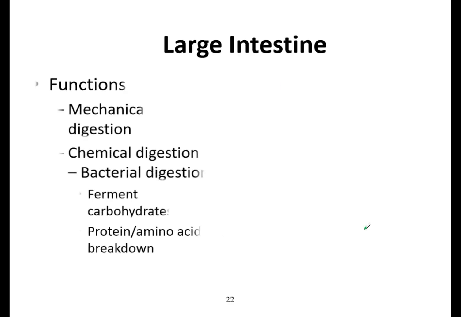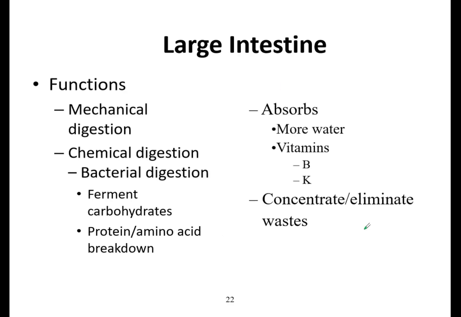Next we can talk about the function. What is the function of the large intestine? The functions are mechanical digestion, chemical digestion, then bacterial digestion. Mechanical digestion also occurs here in the large intestine. Bacterial digestion involves fermentation of carbohydrates, and protein and amino acid breakdown.